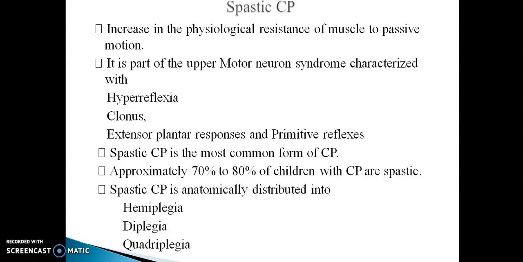So basically, what is a spastic CP child? The problem is increased physiological resistance of muscle to passive motion. When we define spasticity, it is increased resistance to velocity-dependent passive movement. When the velocity of the passive movement increases, the resistance increases. That itself is the definition of spasticity.